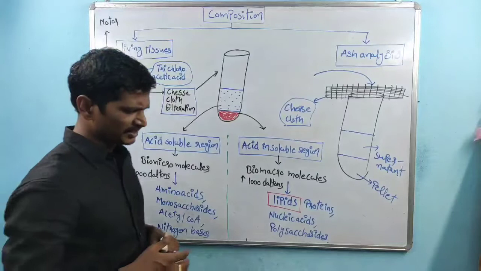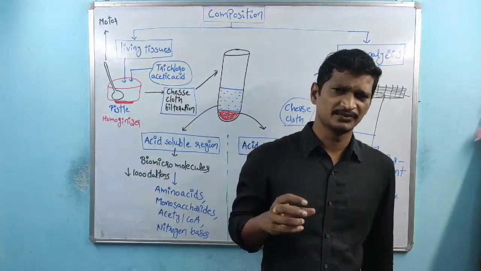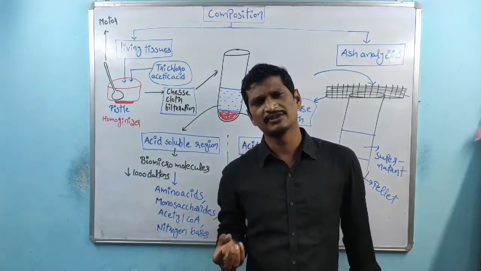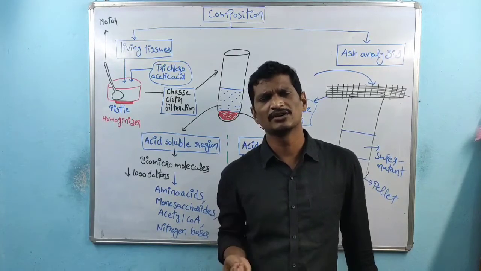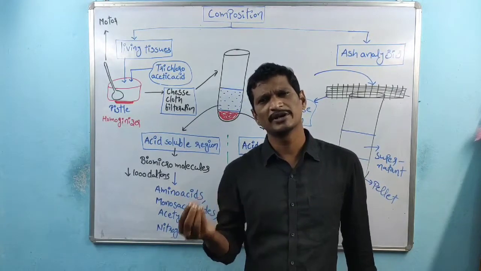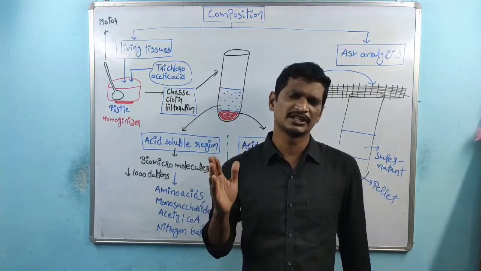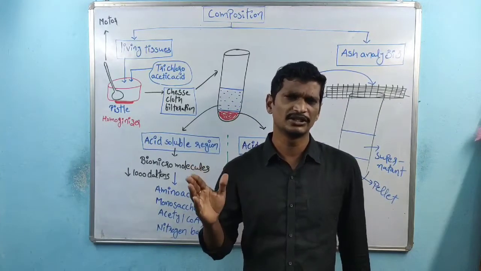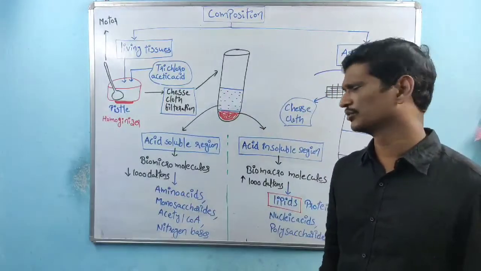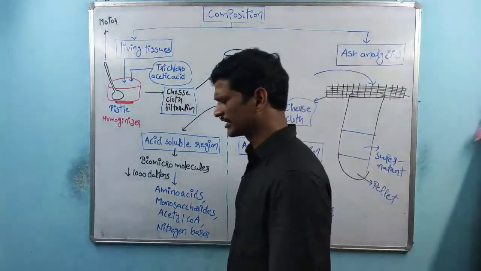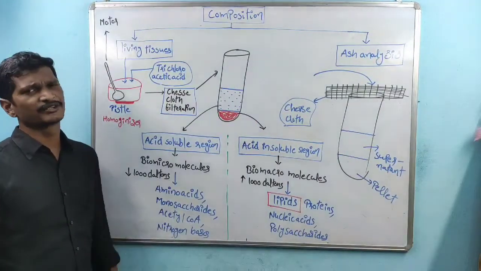According to biochemistry, any molecule present in living cells which has less than 1000 Daltons is called a biomicromolecule. Remember, this is biochemistry. Examples of biomicromolecules are amino acids, monosaccharides, acetyl-CoA, and nitrogen bases.